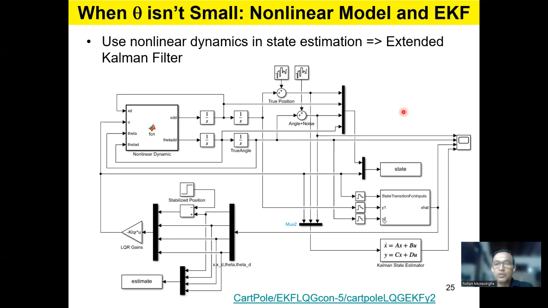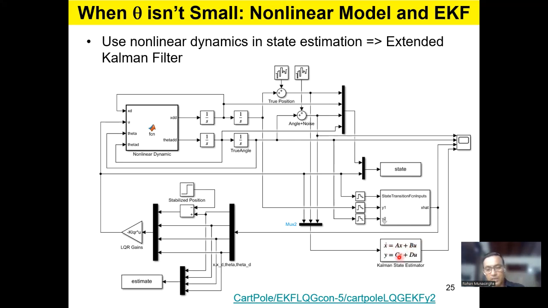You can see much of the Simulink model remains the same as in the earlier case, except the right lower part over here. There you can see the standard Kalman filter that was there earlier, but on top of that you have the extended Kalman filter. The extended Kalman filter is a nonlinear filter, whereas the standard Kalman filter is a linear filter.